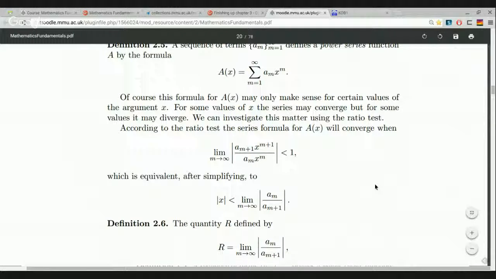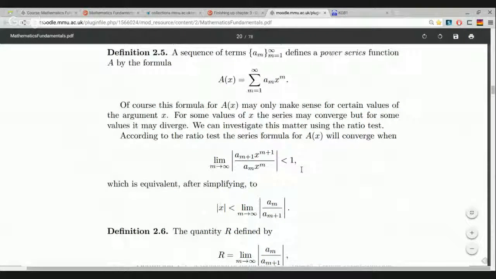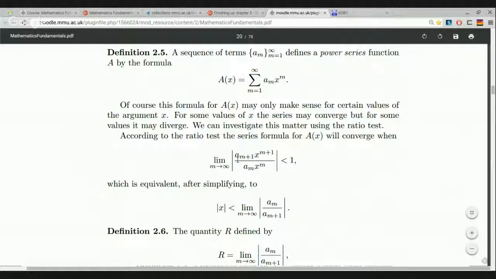Now, when might such a thing converge? Well, if we apply the ratio test, that's what's done here, the only time that series is going to converge is when the limit of this ratio is strictly less than 1. So you take the (m+1)th term of the power series, which is a_(m+1) times x to the power m+1, divided by a_m times x to the power m.